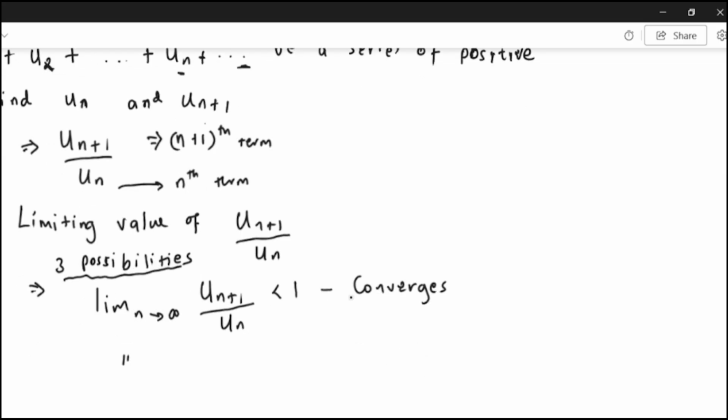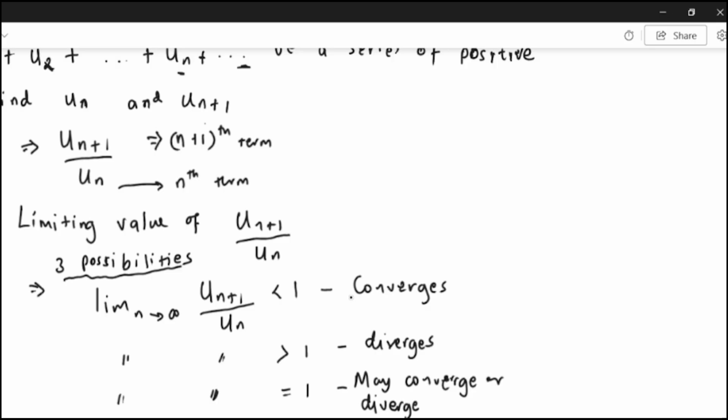If the limit of this value is greater than 1, it shows that the series diverges, and if the limit of my ratio is equal to 1, then it may converge or diverge. So either is a possibility.